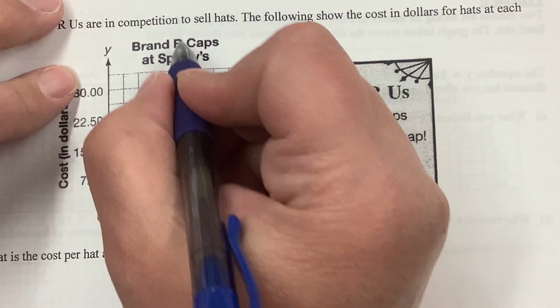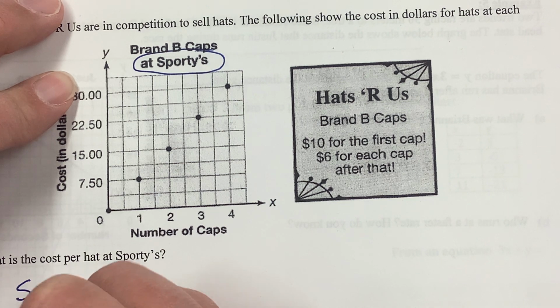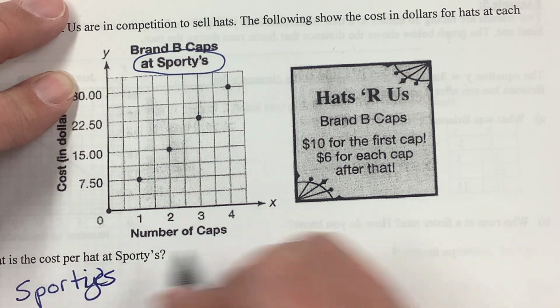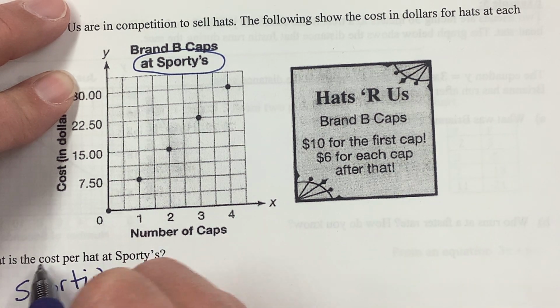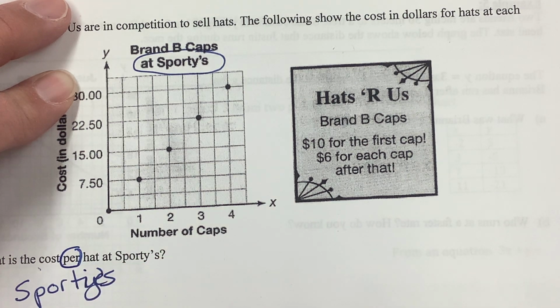All right, Sporty's. Oh, sorry, Sporty's is an apostrophe S. Sporty's, the cost per hat, that's telling me slope.